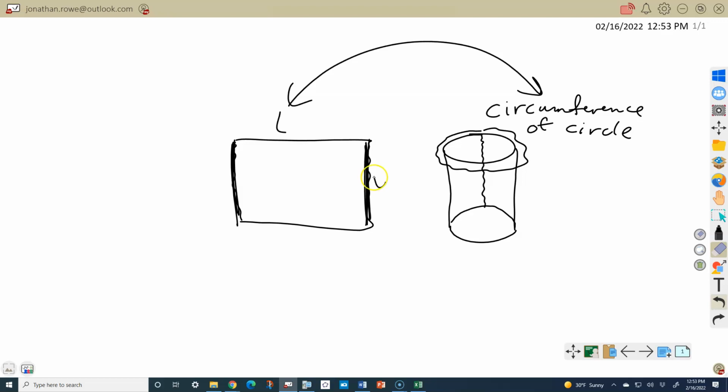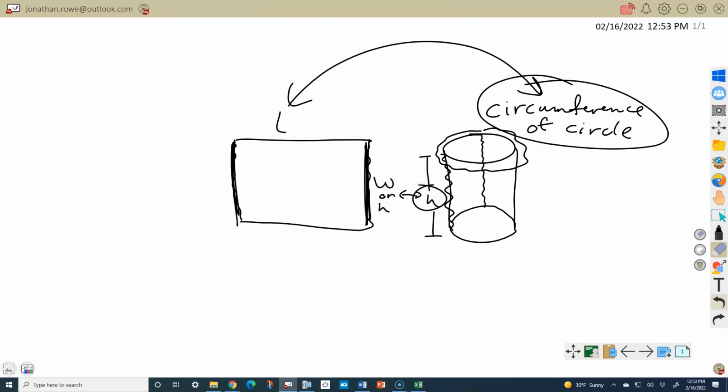And what about the width, or you could say the height, of this rectangle? It is the height of this cylinder. So as that cylinder is unrolled into a two-dimensional shape, it is a rectangle with length equal to the circumference of the circle of that cylinder, and whose width or height is equal to the height of that cylinder.